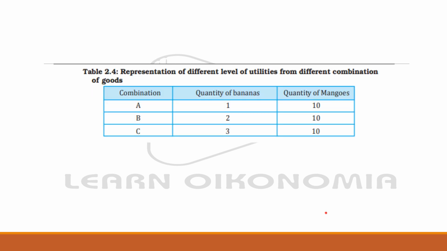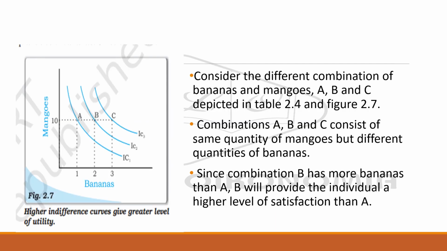So if you look at this table, you can see that different combinations are given. The combinations are A, B and C. The quantity of bananas in A is 1, and the quantity of mangoes is 10. At B, the quantity of bananas increases, but the quantity of mangoes remains the same. And in the case of point C, the quantity of bananas increases and the quantity of mangoes remains the same.